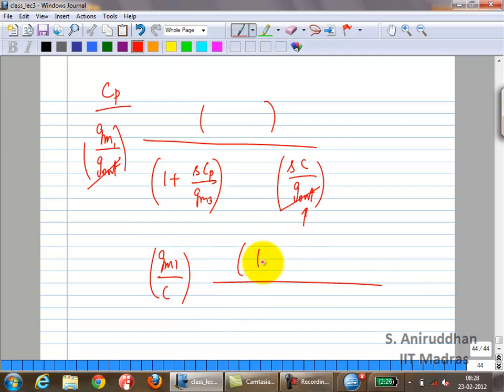Times something by S into 1 plus SCP over GM3, okay? That is what you want to achieve, correct?